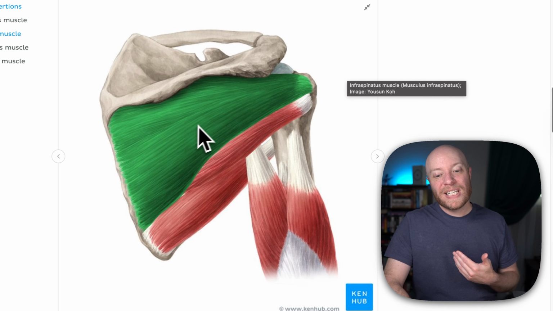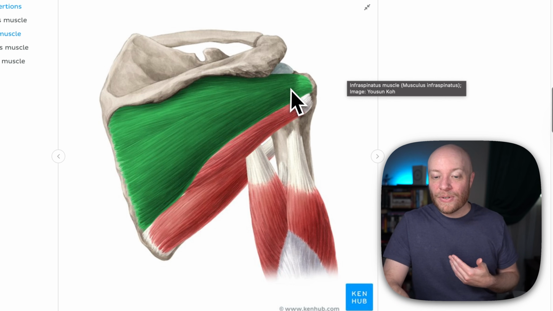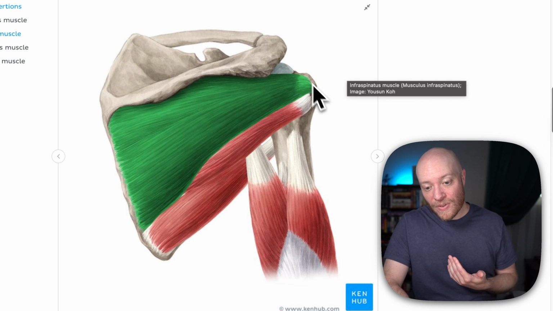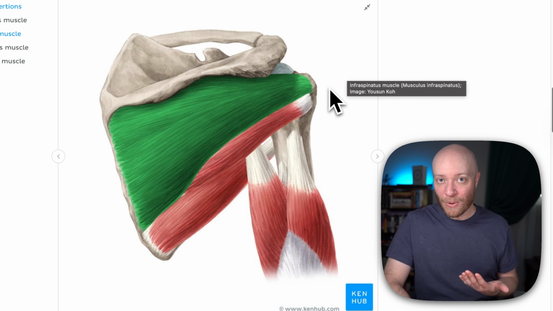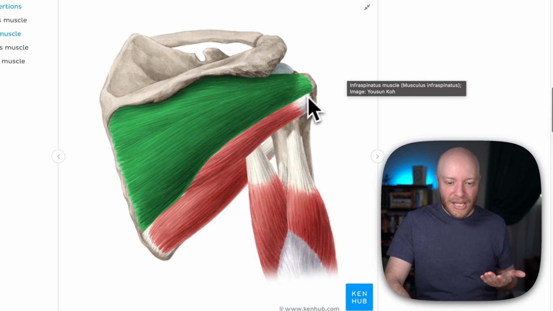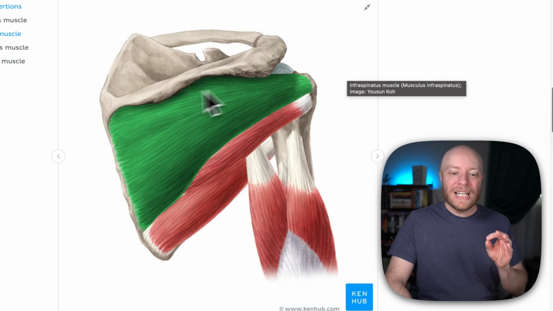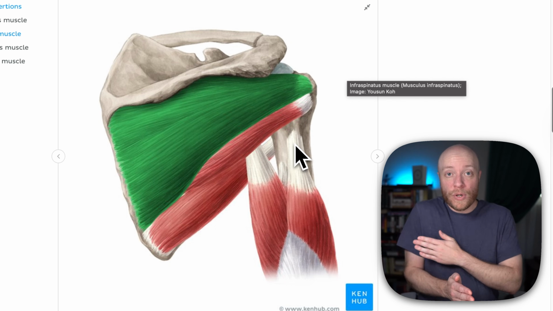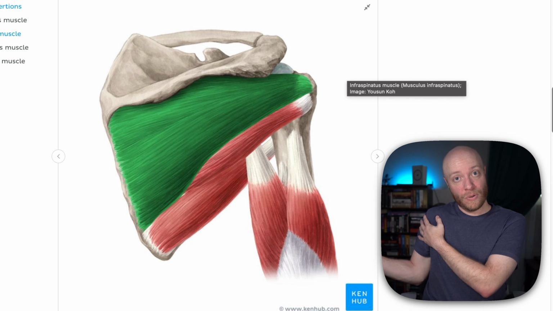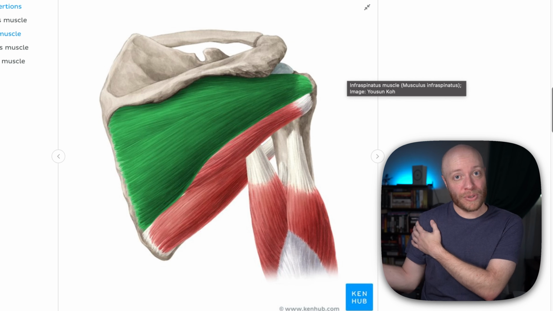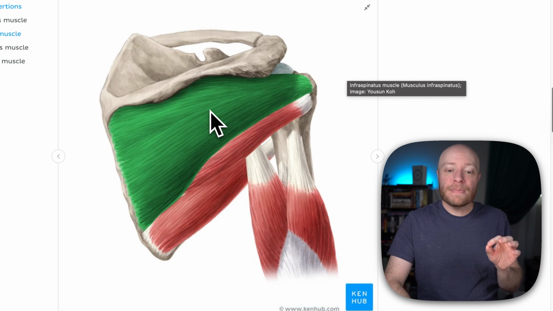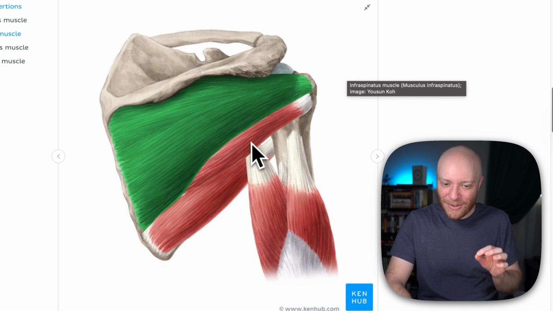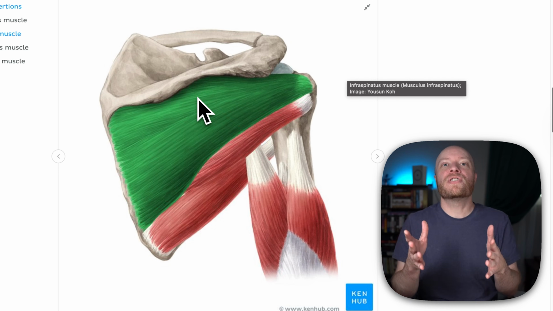And what it's going to do is, once again, it is traveling posterior to the shoulder joint. And it is also, once again, inserting on the greater tubercle. And so, just like we saw with teres minor, when infraspinatus contracts, it is going to perform external or lateral rotation of the shoulder. So teres minor and infraspinatus are synergists to each other.